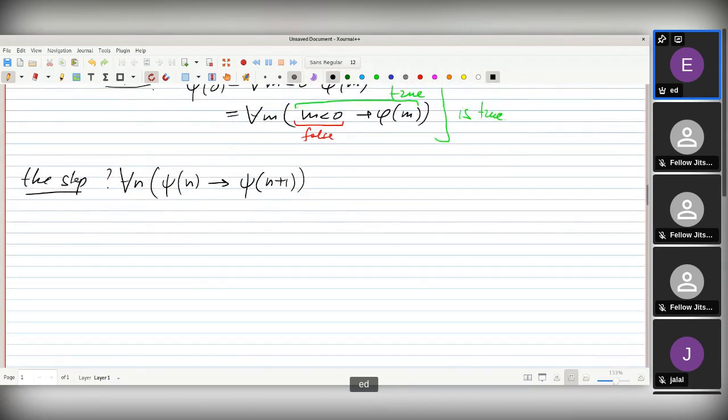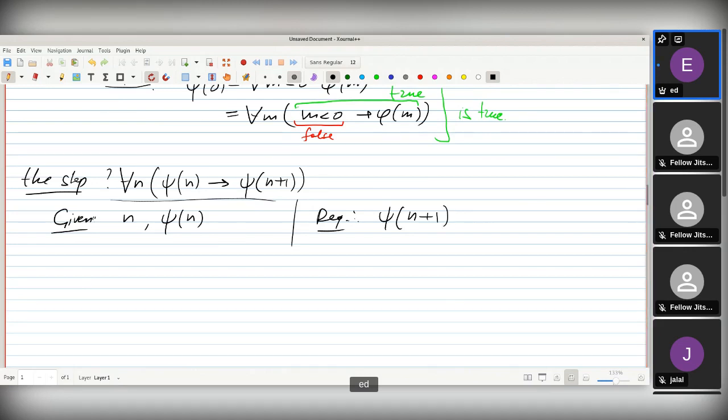What is given for this step? Assume that some n is given and psi of n is given. What is required? It is required to prove psi of n plus 1.